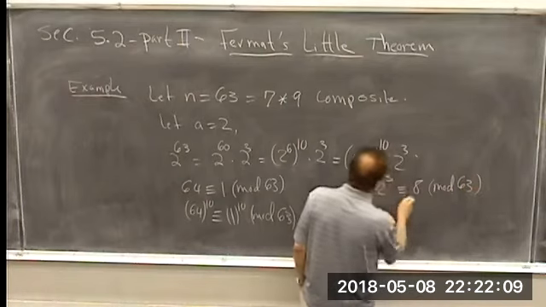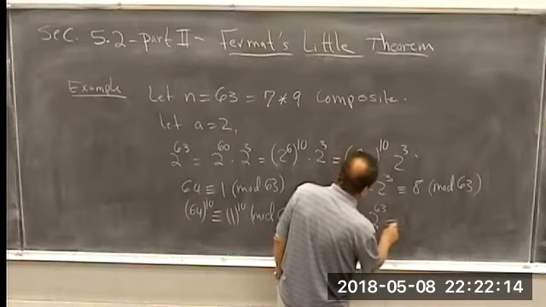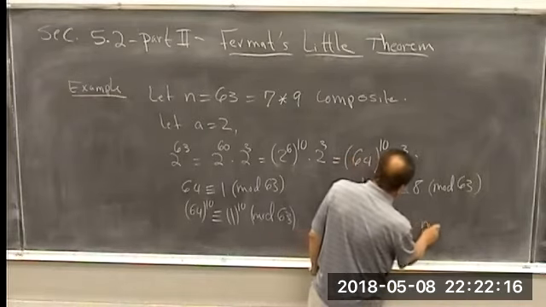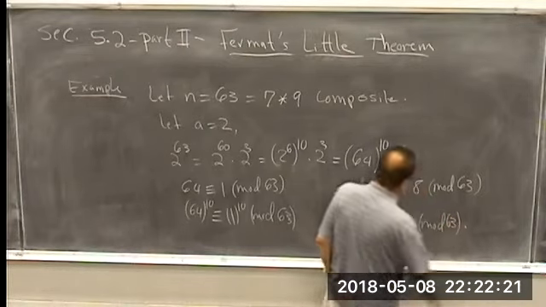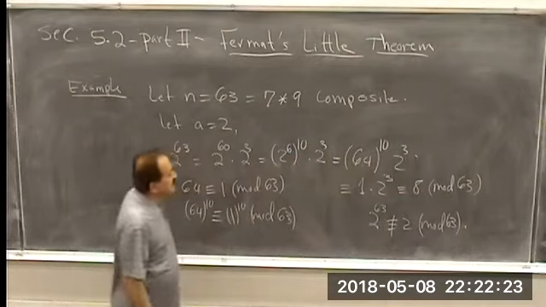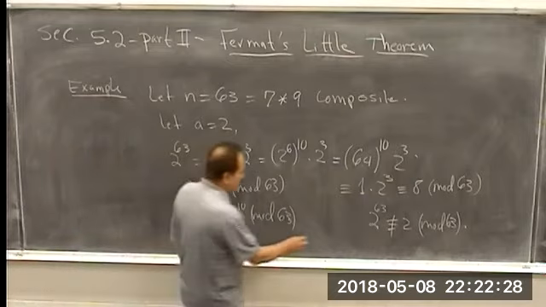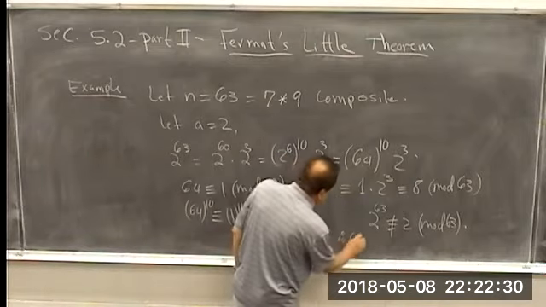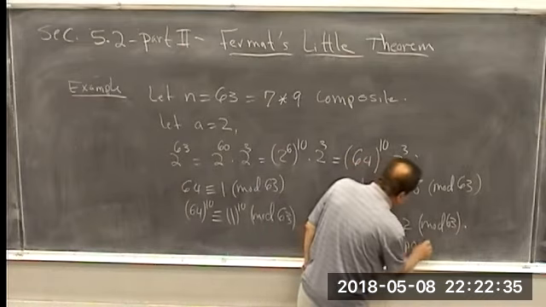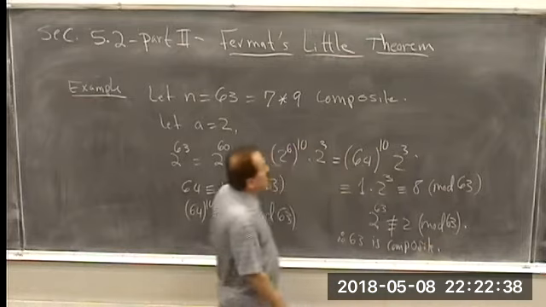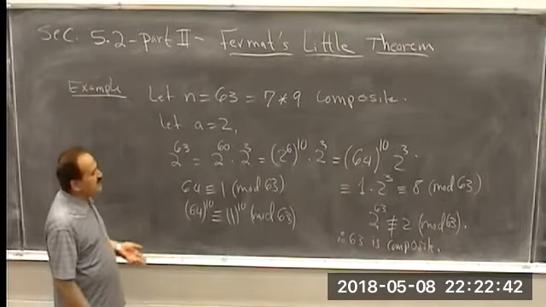And of course, this means that 2 to the 63 is not congruent to 2 mod 63, because it's congruent to 8. So by the contrapositive of Fermat's theorem, 63 is composite. But the purpose of this exercise is not to discover something new. We know that 63 is composite.